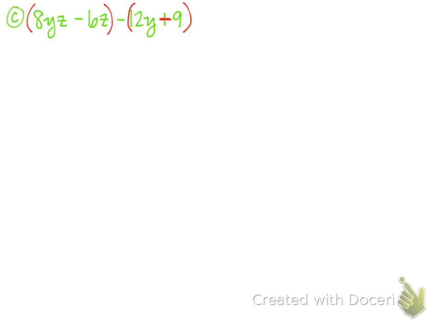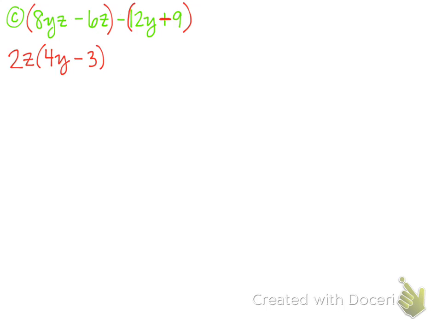Okay, so let's see if this works. We're going to pull out a GCF. Let's see, in the first two terms, they're both divisible by 2, and they're both divisible by z. So 8yz divided by 2z is 4y, and then negative 6z divided by 2z is negative 3.